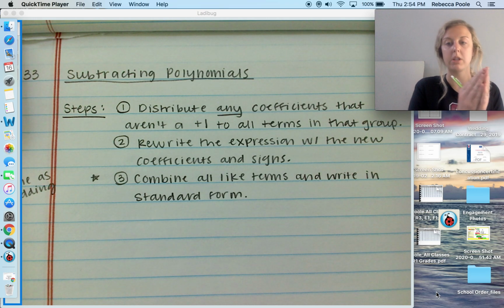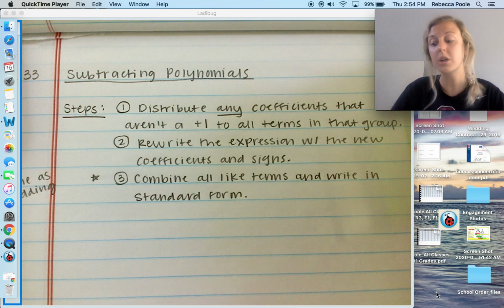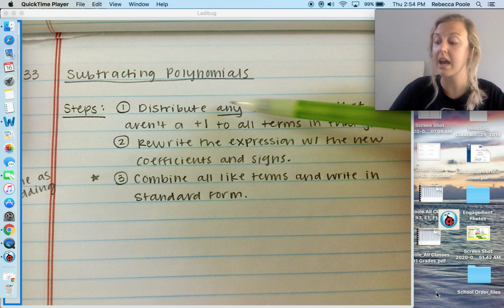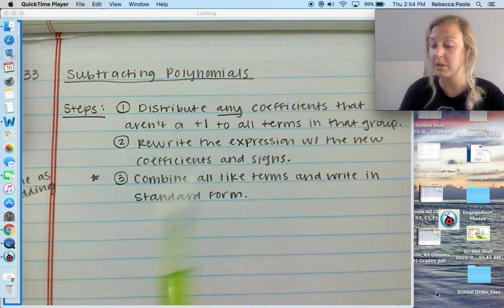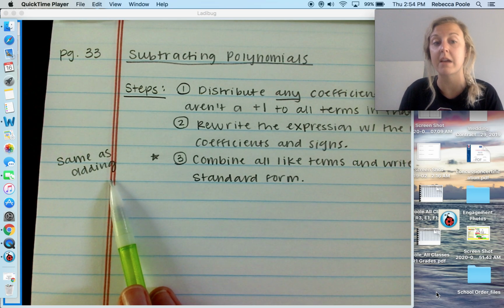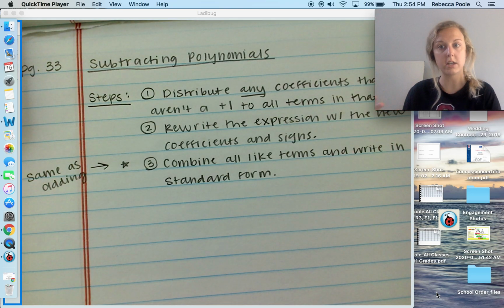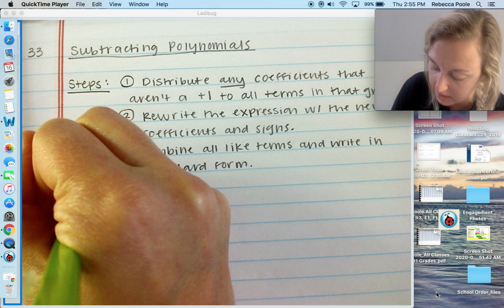Biggest exponent, smallest. This camera being backwards really throws me off, okay? So these are your steps for subtracting. Really, this first step and then having to rewrite it is the only thing that's different, okay? Because as we talked about, step 3 is the same as when you're adding. All right, so let's go ahead and do some examples, okay? Because this really means nothing to y'all until y'all actually see it in play.